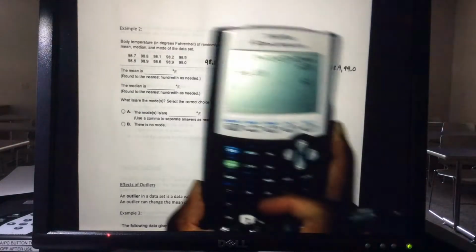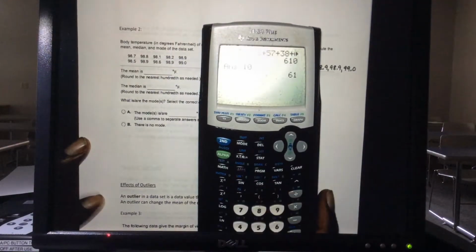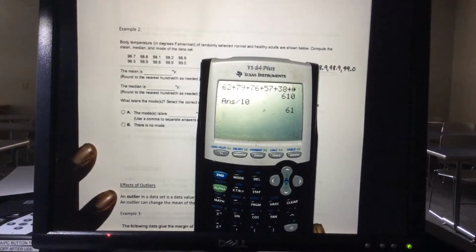Now we're going to find the mean of that entire data set. Okay? So here I can use this data set or use that sorted data set. Doesn't matter when you find the mean. It does matter when you find the median. Okay?